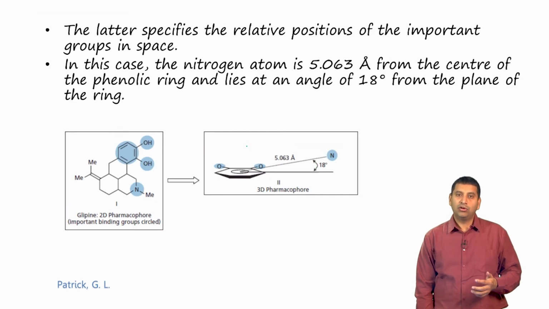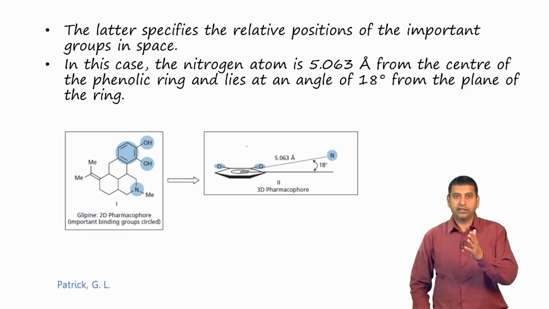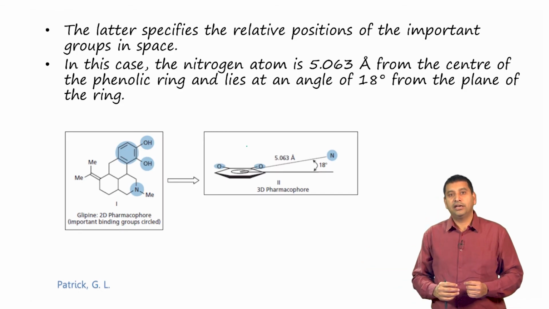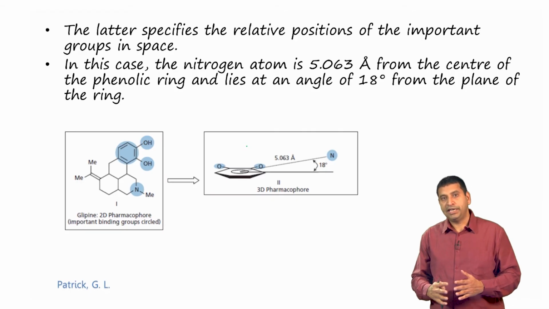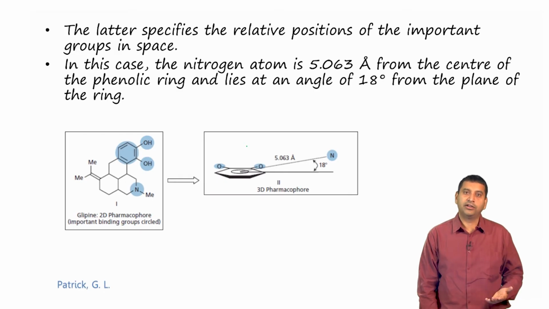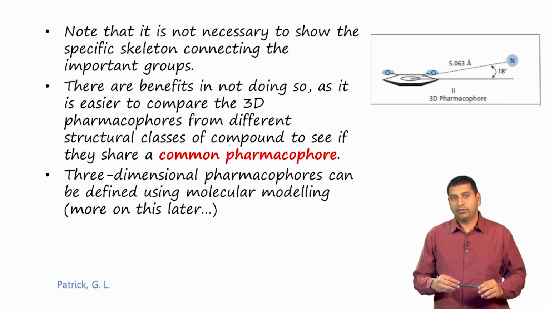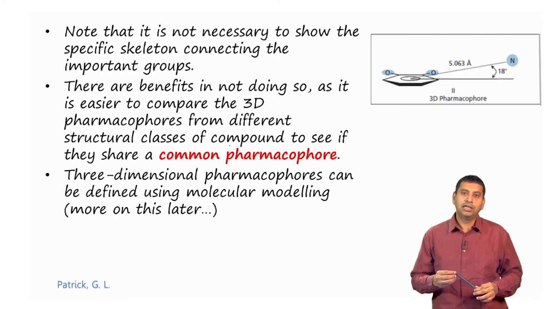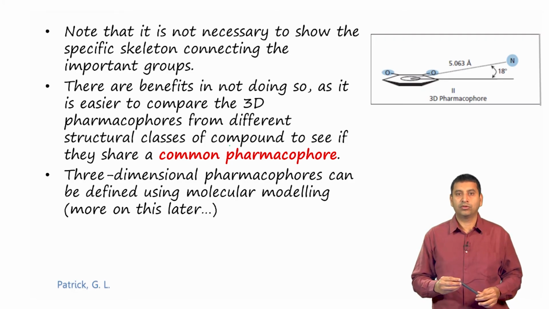Based on this, we can specify the relative positions of the important groups in space, and as I mentioned, the angle is about 18 degrees from the plane of the ring. Now this helps us construct the pharmacophoric triangle. What we can assume here is that these are the essential functional groups of the pharmacophore, and it is possible that they can share what is known as a common pharmacophore.